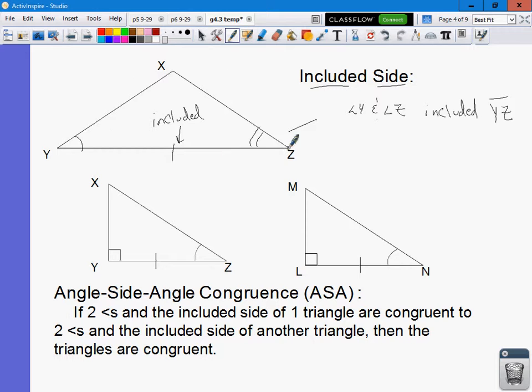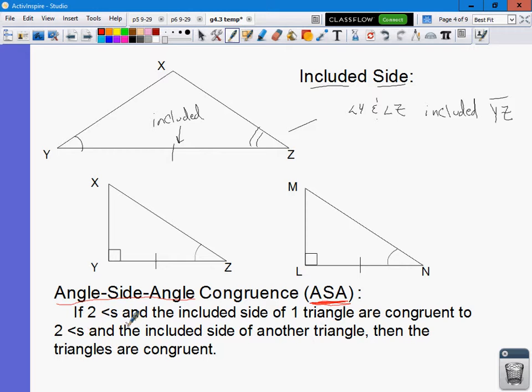Does everybody understand what it means to be included? Okay. And the reason we needed to know about included is because the next theorem says angle, side, angle, or ASA from this point on. Notice that the side is in between the two angles in the acronym.